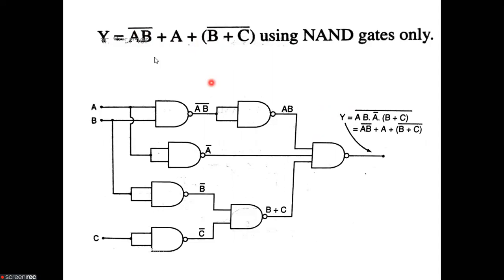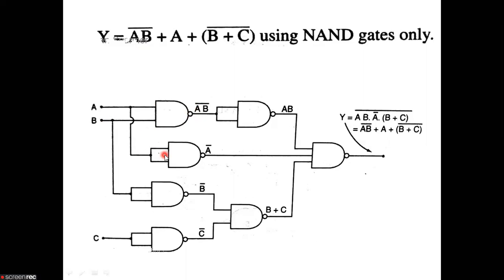See here, this is A dot B bar. So this is the expression of the NAND gate. Here we are taking A as one input and B as one input, and the output of the first NAND gate is A dot B whole bar. Next, come here.